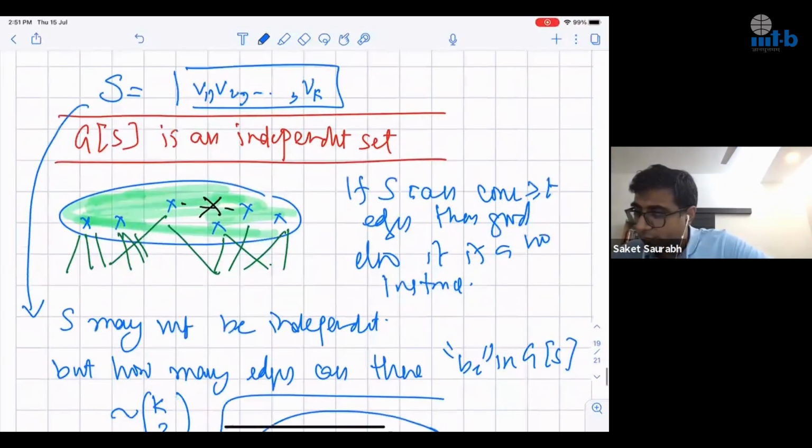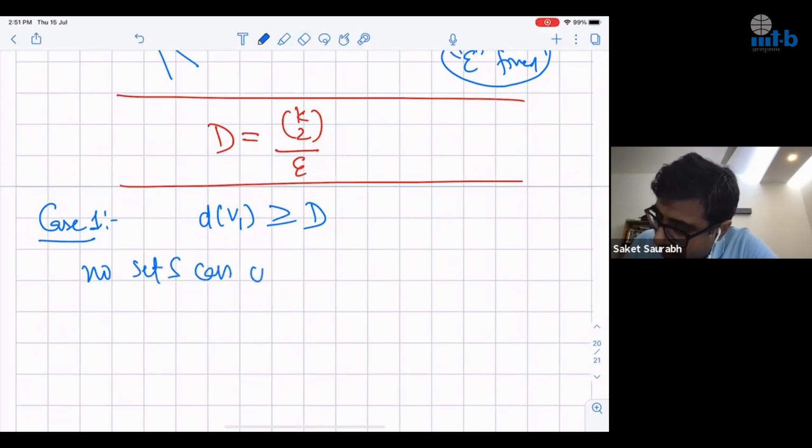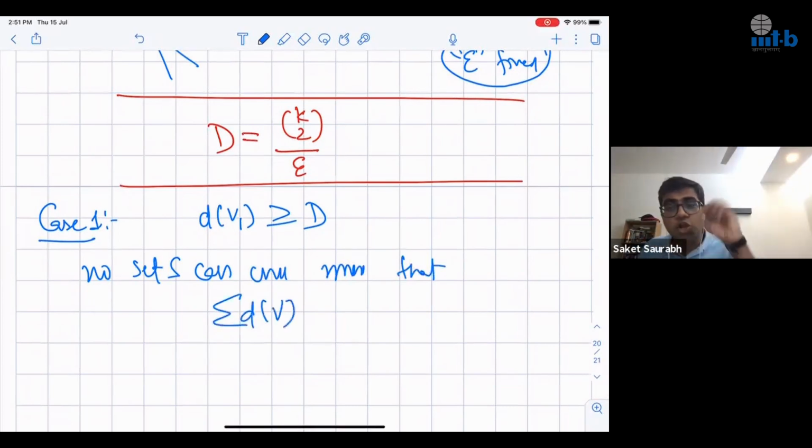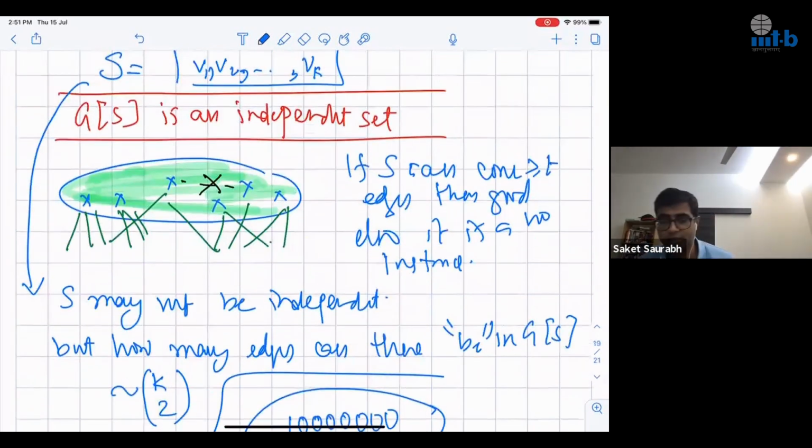But notice that no set S can cover more than the summation of degrees of V. No set can cover more than this many edges. It may not cover all of them because there are lots of particularities, but forget about this.